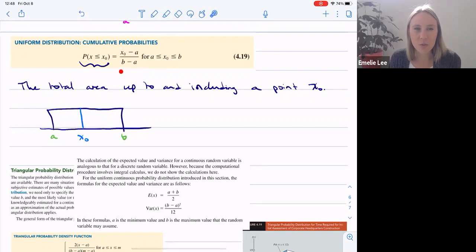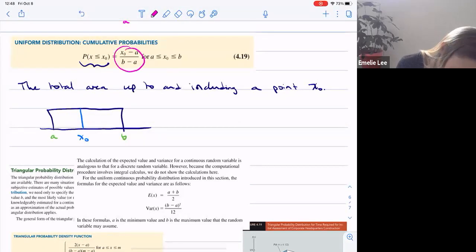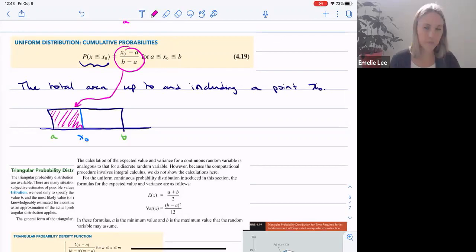Well, you would get this formula. That's where you would end up. So this formula is how we find that area.